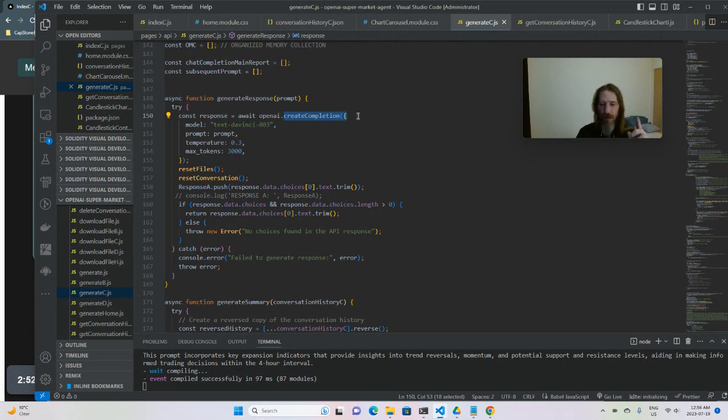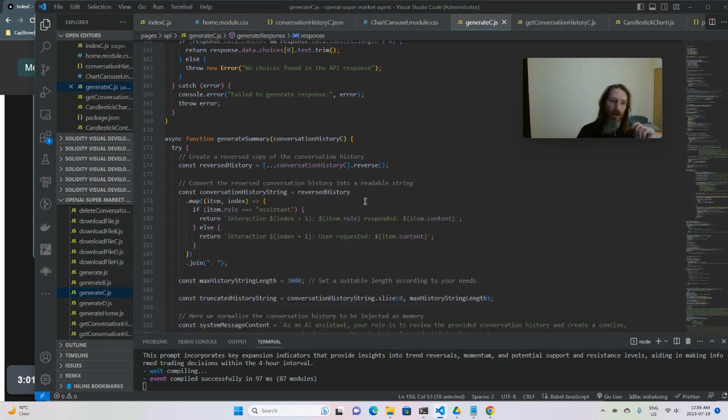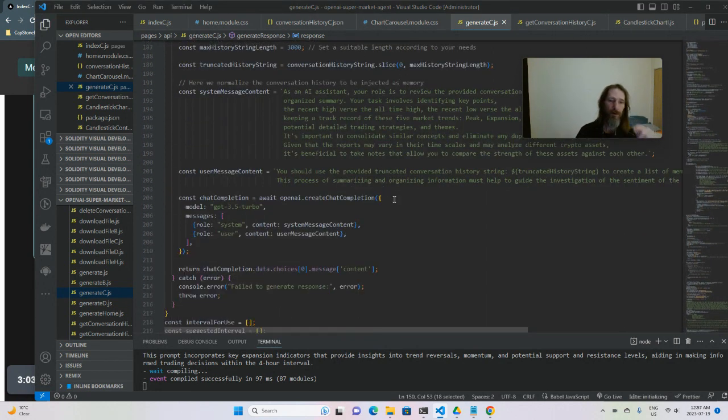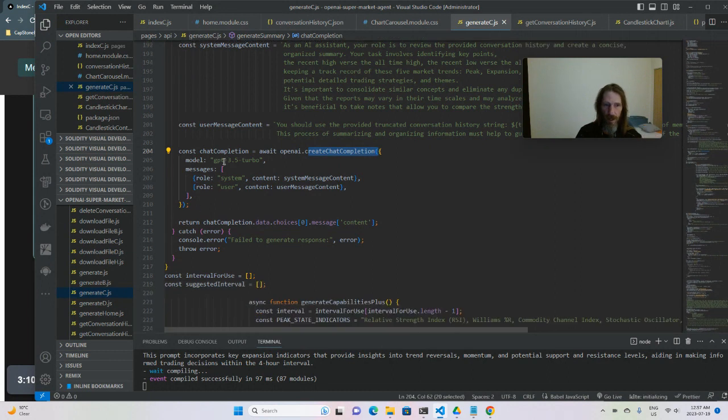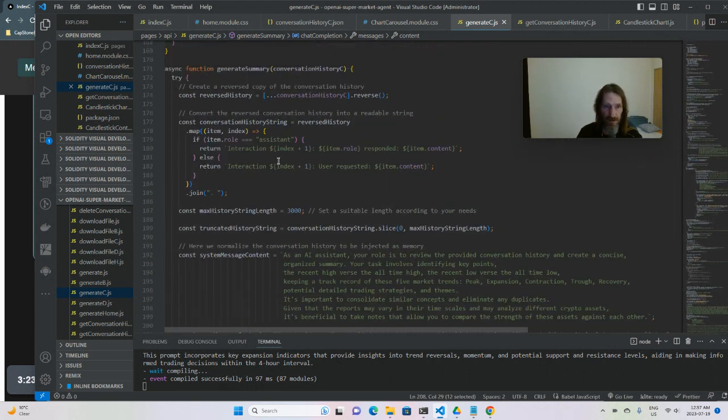Maybe I should take a moment and show you folks the difference between create completion that I was using and create chat completion, using a different model and using messages. Within messages, it's fun: you can have system, user, and also, let's say, assistant.